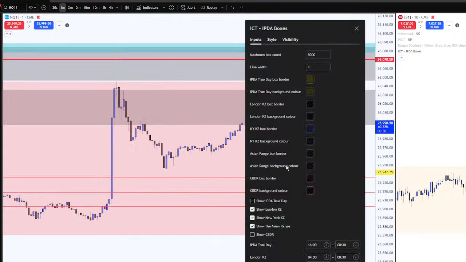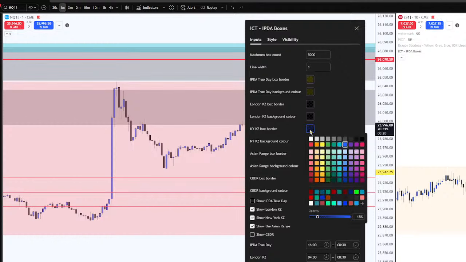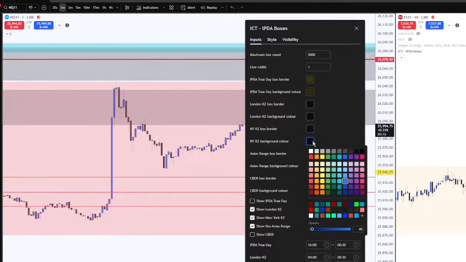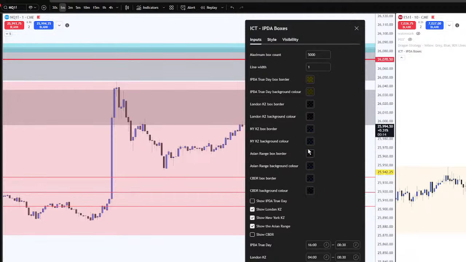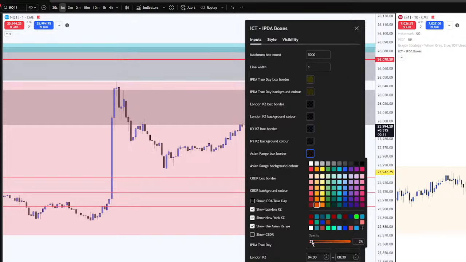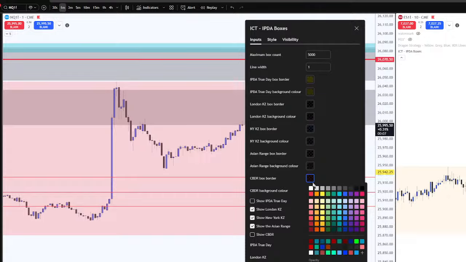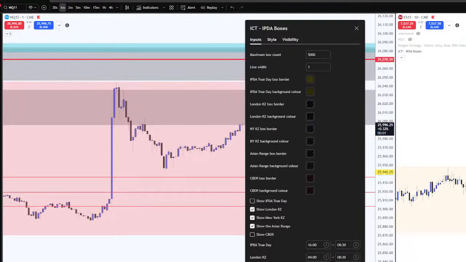Oh, sorry guys, this box is driving me nuts. I got this indicator so messed up. Border, background color. What's this one? I guess maybe it's, I don't know, who cares? It is what it is.